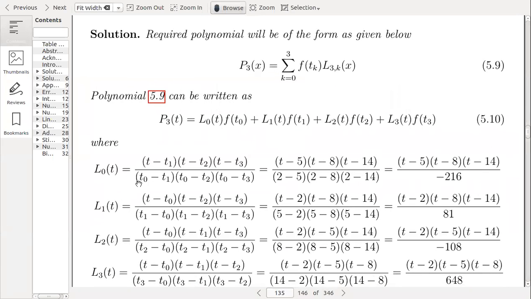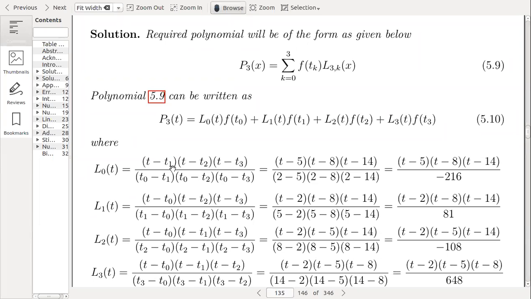where L0(t) is equal to (t − t1)(t − t2)(t − t3) over (t0 − t1)(t0 − t2)(t0 − t3). First we wrote the numerator, and you will observe there is no term in the numerator with index 0.